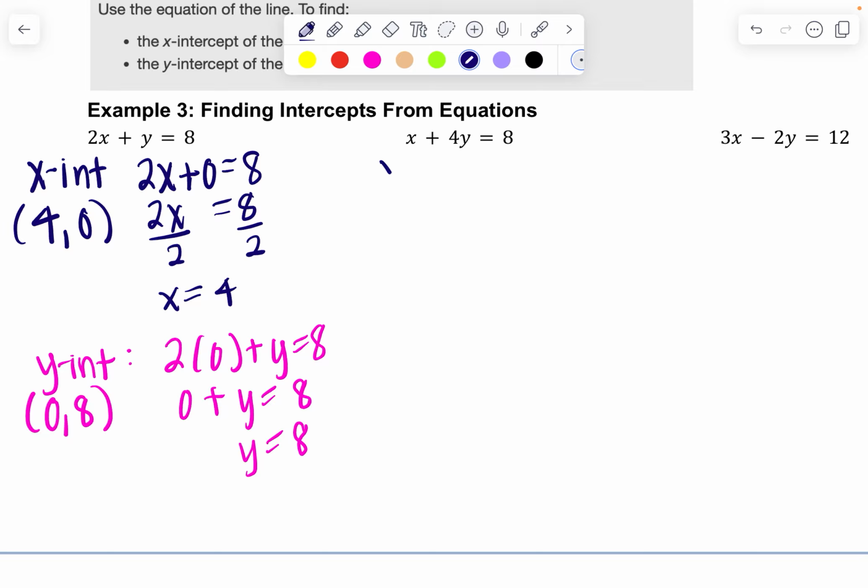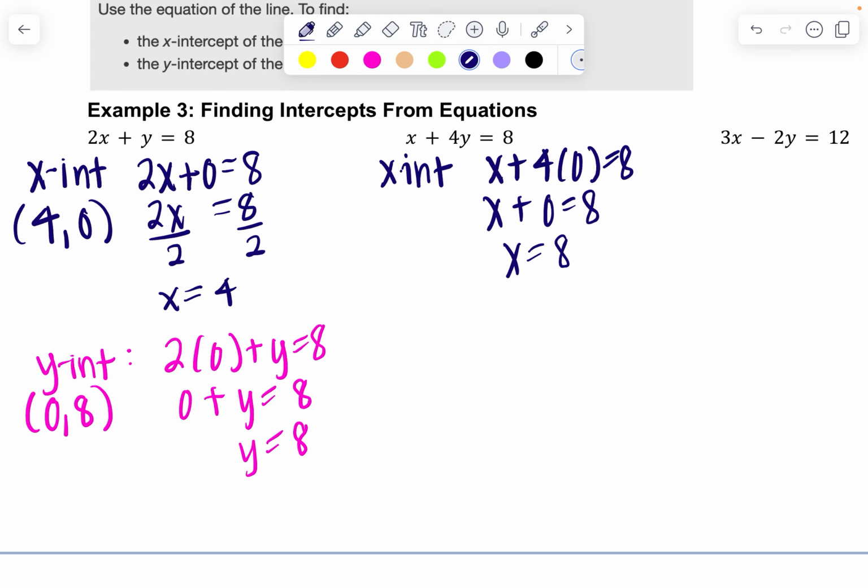This next one, x-intercept, x plus 4 times 0 equals 8. So x plus 0 equals 8, which means x is 8. So (8, 0).